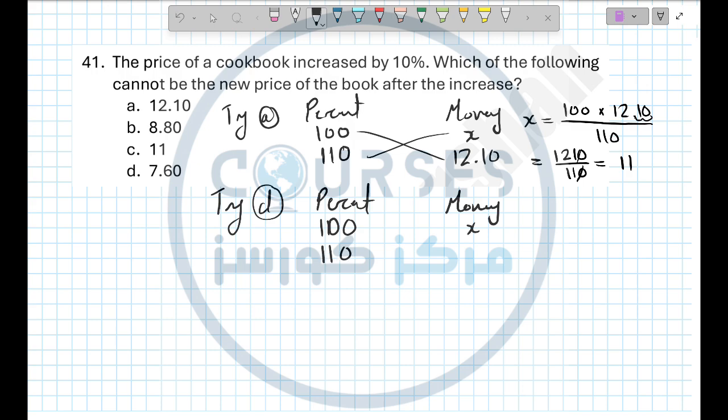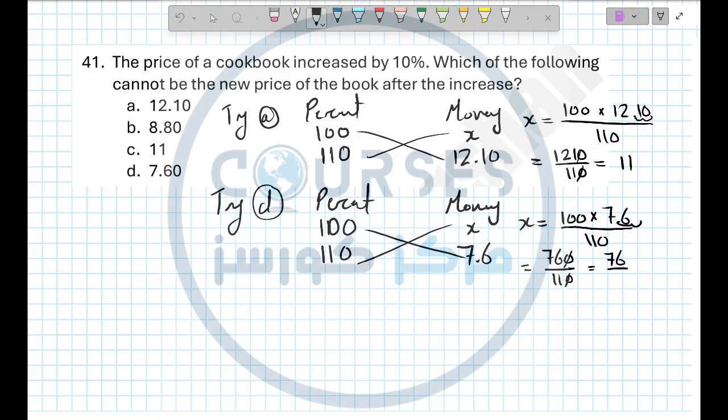The new percent has an increase of 10%, and the new money is 7.6. Let's do the same. So x would be equal to 100 times 7.6 divided by 110. Move the decimal twice. So that's going to be 760 divided by 110. 0 goes with 0, which is 76 divided by 11.